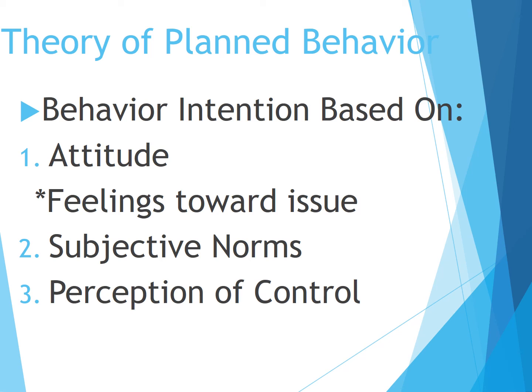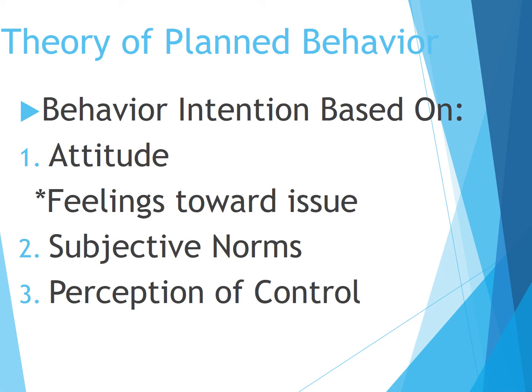What this means for persuasive campaigns is that when you're dealing with issues where people might perceive that perceptions of control are not very competent, for example, then you could design a campaign that provides possible resources or ideas for how people could evoke more control or develop more control, such as maybe a hotline, or maybe you could talk about different types of support groups that a high school student could go to quit smoking cigarettes.